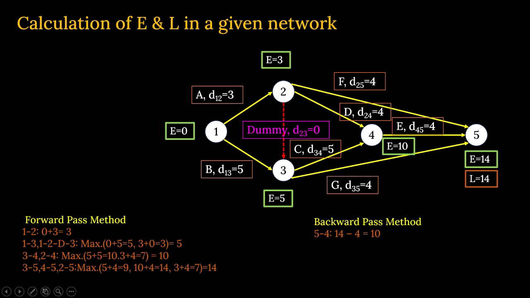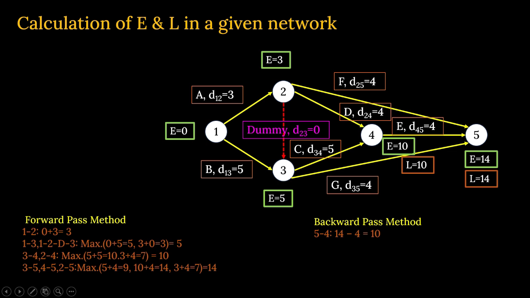So 5 to 4, we'll start with latest finish time, that is 14, minus duration 4. So what will be the value of L at this point? It will be 10. You got my point? Because a single arrow is there, it is very simple to calculate.